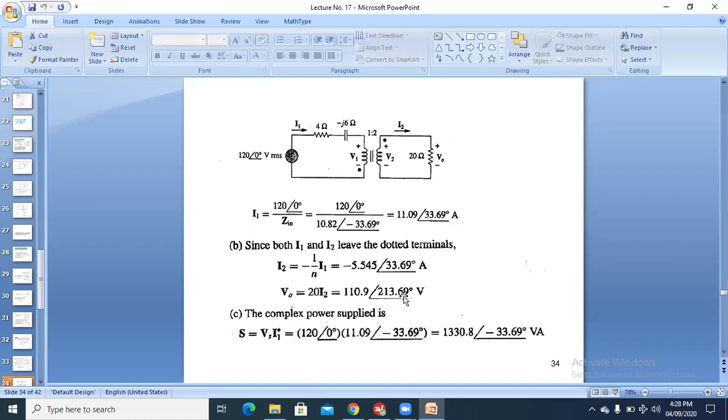And in order to calculate the complex power, we have this supply voltage and the conjugate of this I1 will give us the value of the complex power supplied by the network.